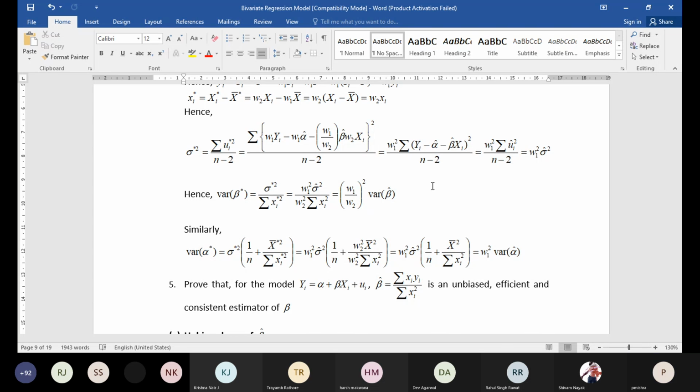And today we discussed what will be the impact of change of scale of the variables on the OLS estimator of the variance of the regression coefficients.